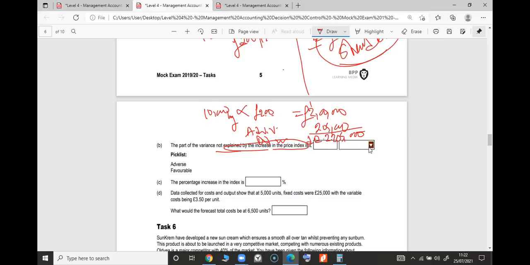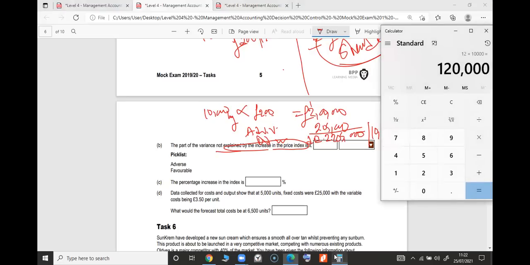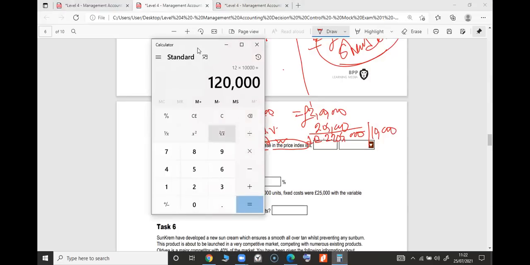Now get the cost per kg, divided by 10,000. So I need a calculator now. 2,205,000 divided by 10,000. Thank you, Shazad. 220.5.